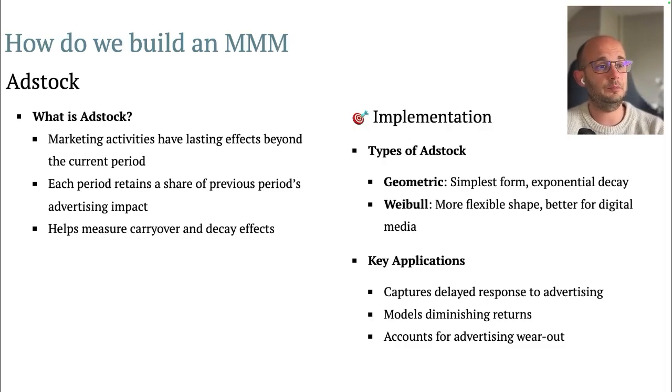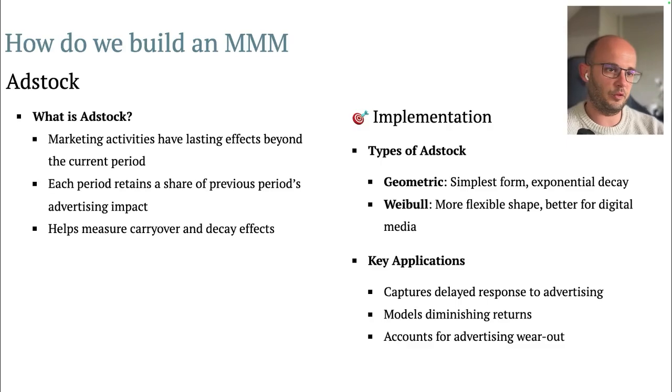Either you have the simplest form, which is geometric ad stock, which is basically exponential decay. The second, which is way more flexible, but it's computationally more intensive, is the variable ad stock, which is basically a probability distribution.